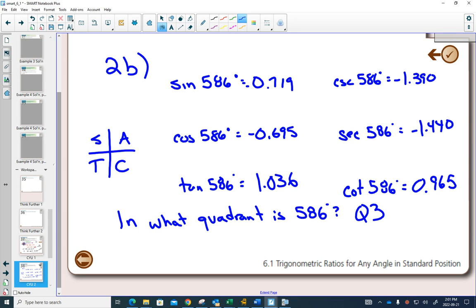Yeah, sine was negative, cos was negative, tan was positive. The only place that happened, according to the CAST rule, where the only thing that's positive is tan, the T in the CAST rule, is quadrant 3. So we could also use our answers to tell us that it was in quadrant 3.